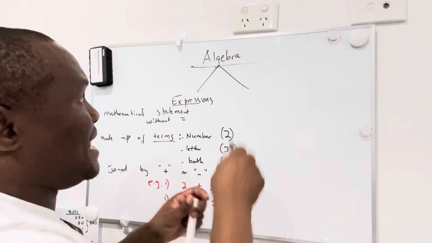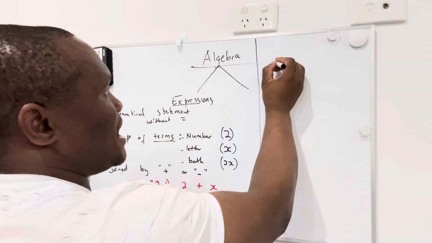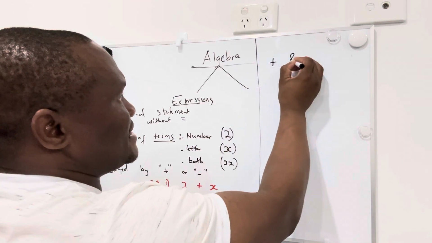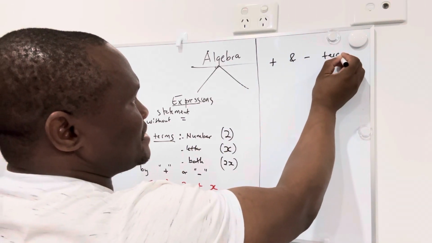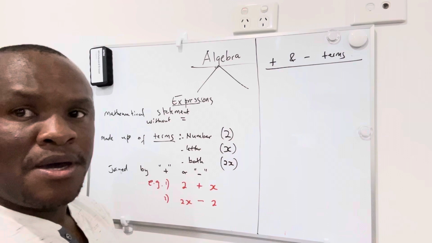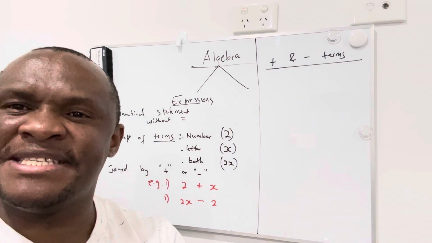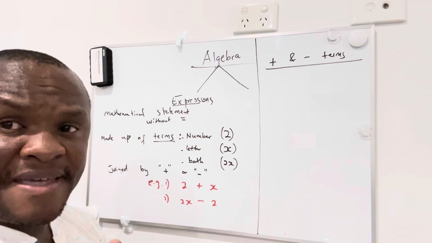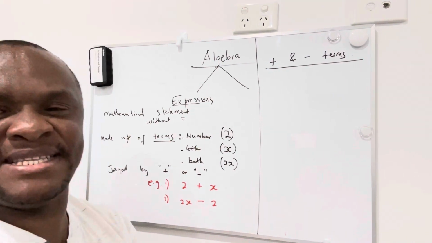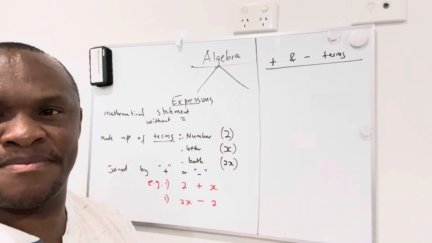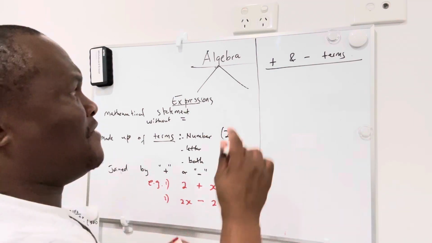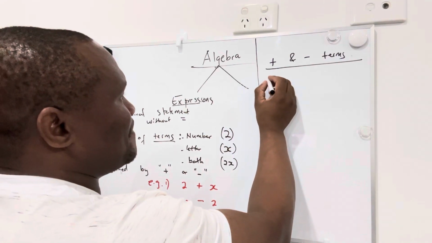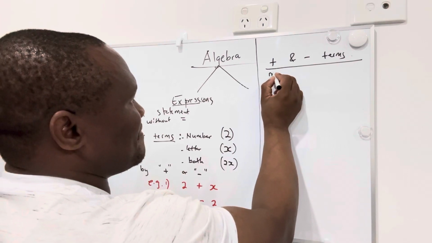So now, how do we add and subtract terms? We add and subtract terms that have the same letter. If they have the same letter, we can add them or we can subtract them.